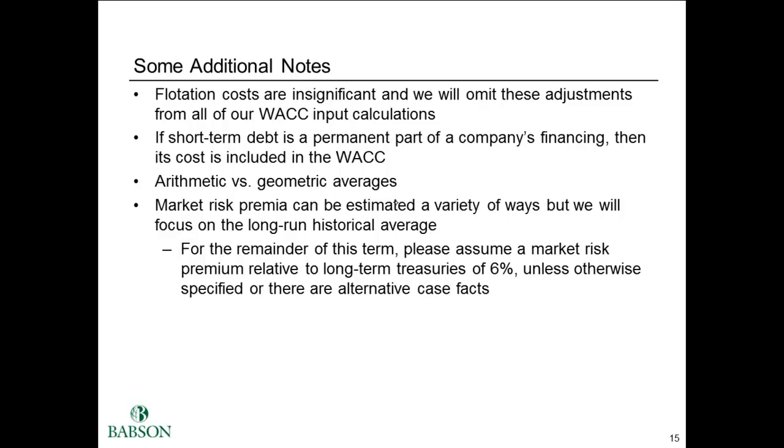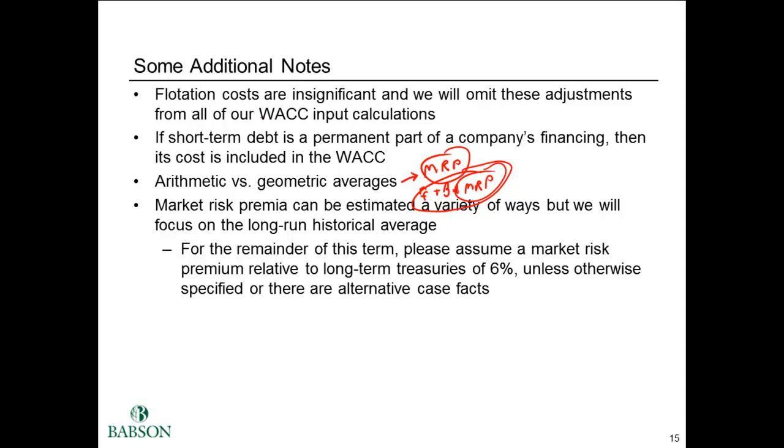Arithmetic versus geometric averages, specifically in estimating the market risk premium. The market risk premium, we know, is utilized in the estimation of a company's cost of equity: risk-free rate plus beta times the market risk premium. The market risk premium is, in essence, what the typical stock would earn above and beyond the risk-free rate in a typical year.